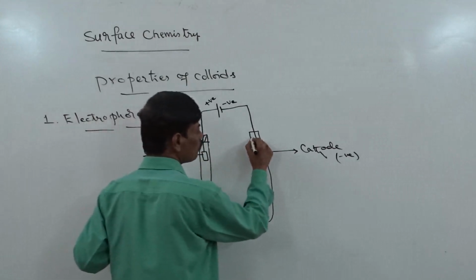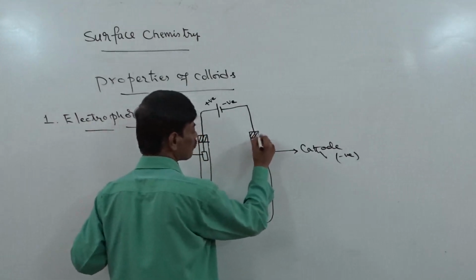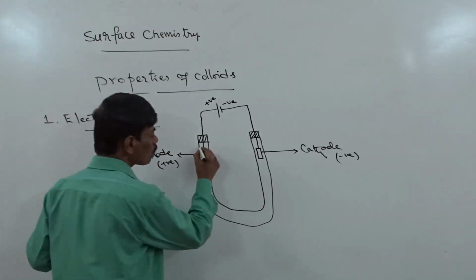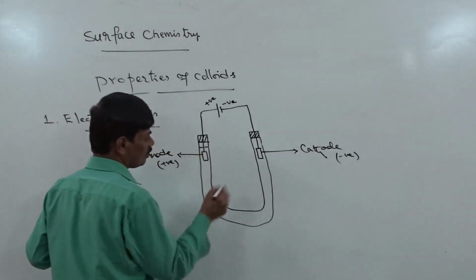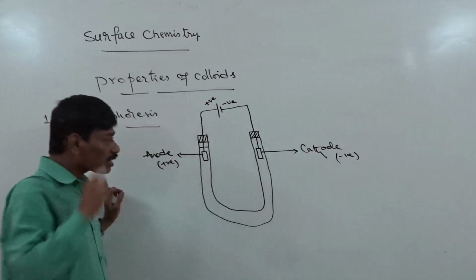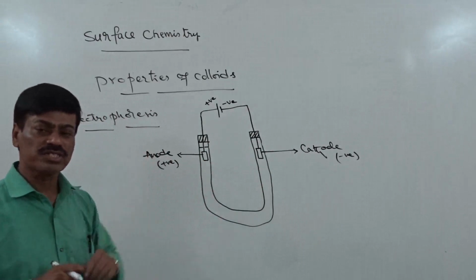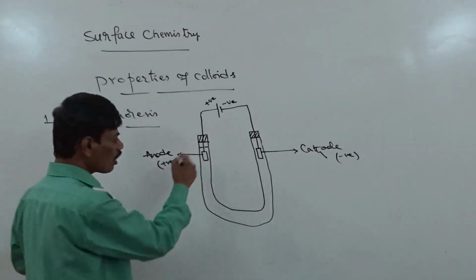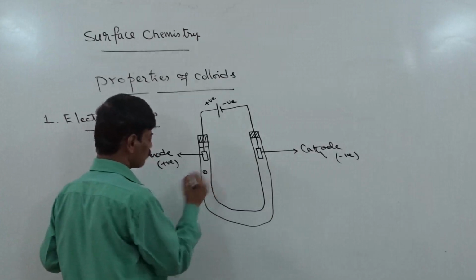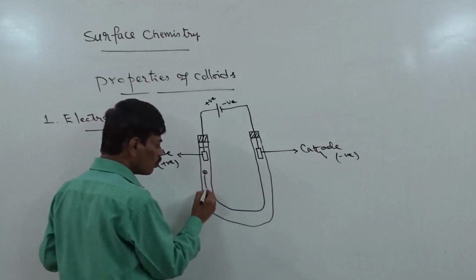Now in this, imagine we have taken in this U-shaped tube colloidal solution. And imagine the particles specifically which have positive charge in the colloidal solution. This is one particle which has positive charge. Right? This will move in this direction.